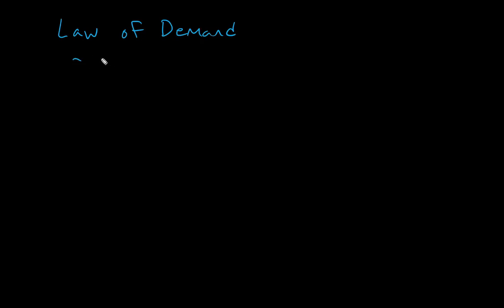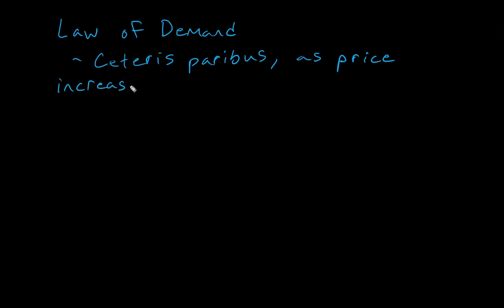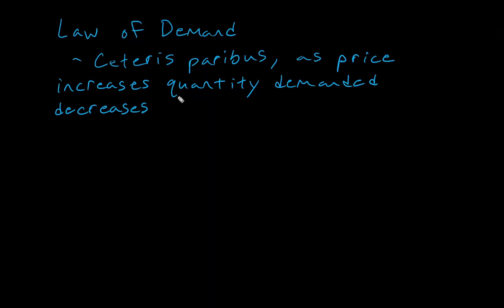All right, so the law of demand says that ceteris paribus, which is just another way of saying all else equal, as price increases, quantity demanded decreases. And vice versa.